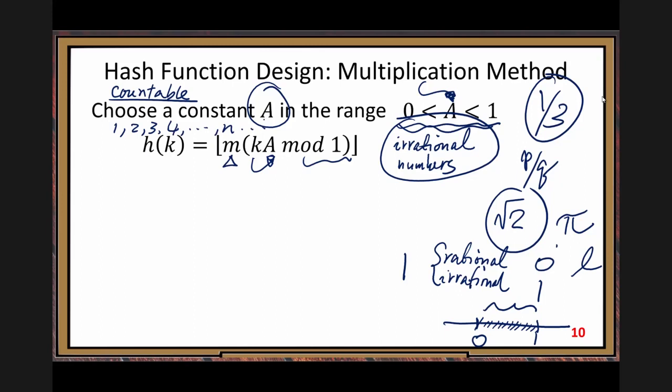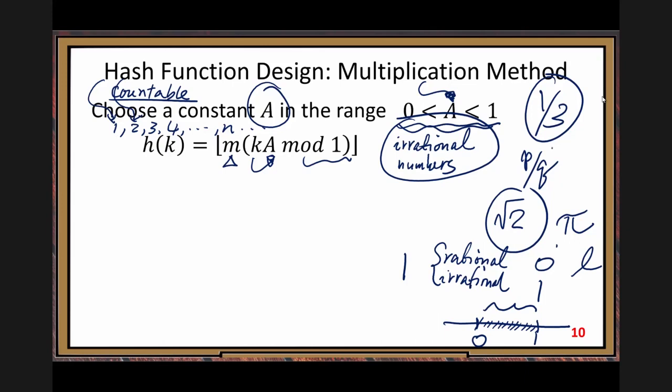Countable means you can create a one-to-one mapping to these numbers. The first object corresponds to 1, the second to 2, the third to 3, covering all the objects you want to count. That's countable. Rational numbers can be made to correspond to 1, 2, 3, covering all of them.